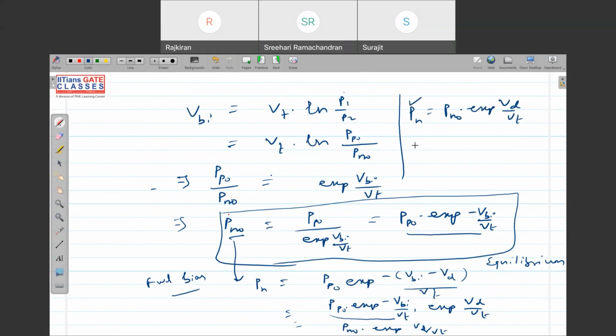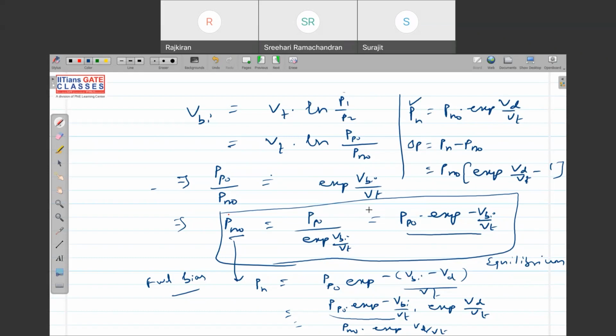So what is the change? The change, del P, is equal to Pn minus how much it was there already. So I get del P equal to Pn0 into exponential of Vd by Vt minus 1. This is the change in concentration.